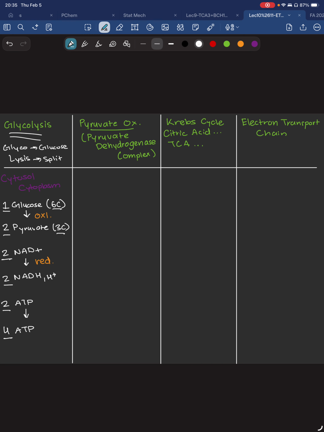If you're a bacteria, if you're a prokaryote, you cannot continue onto these other things because you don't have a mitochondria. These things are aerobic processes. They happen in the mitochondria. Glycolysis is an anaerobic process.